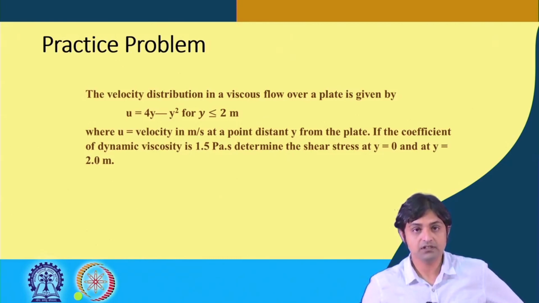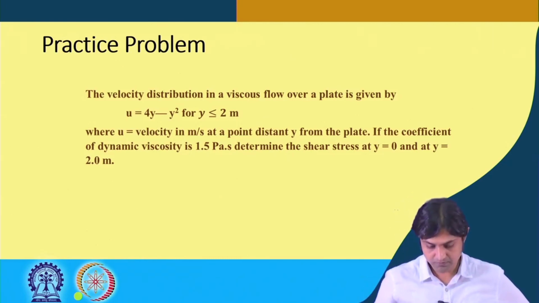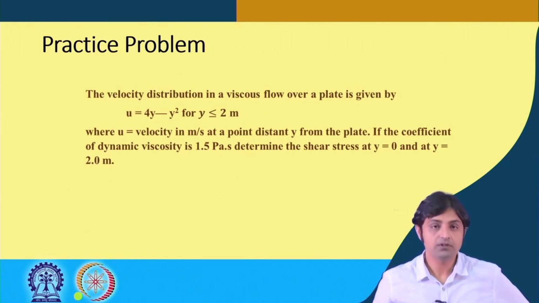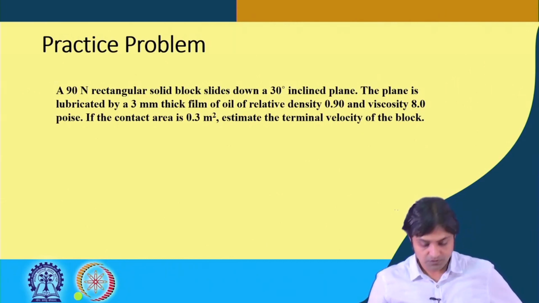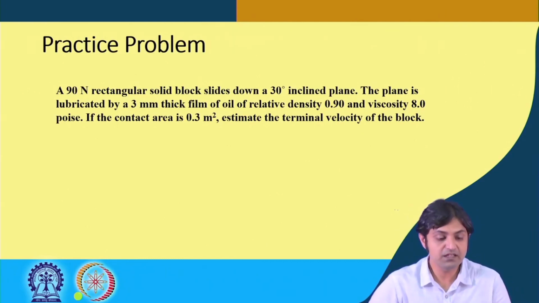Now there is another problem related to this, and that also we are going to solve. So what it says is a 90 Newton rectangular solid block slides down a 30-degree inclined plane. The plane is lubricated by a 30 millimeter thick film of oil of relative density 0.9 and viscosity 8.0 poise.